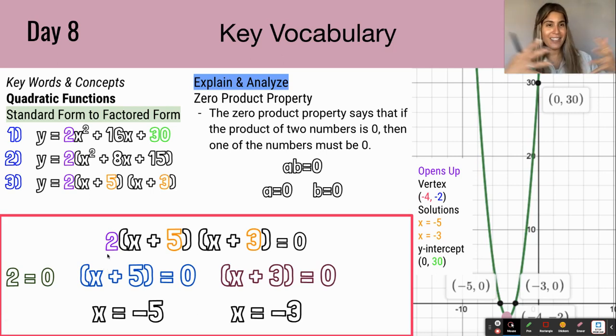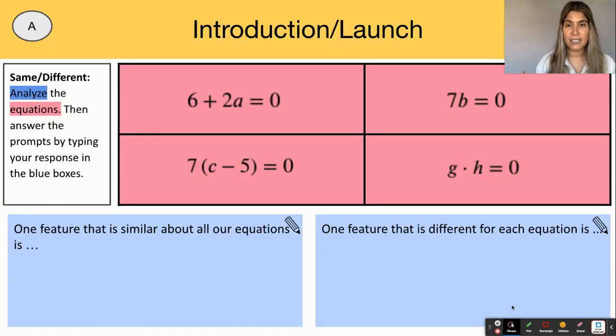Also make that connection to previous units of having the graph and how they already knew how to find these solutions. Moving through this lesson, they're going to have to analyze the equations. I've highlighted the analyzing, they're going to do it in the blue portion. The equations are here in pink. That way they know specifically what we are talking about.